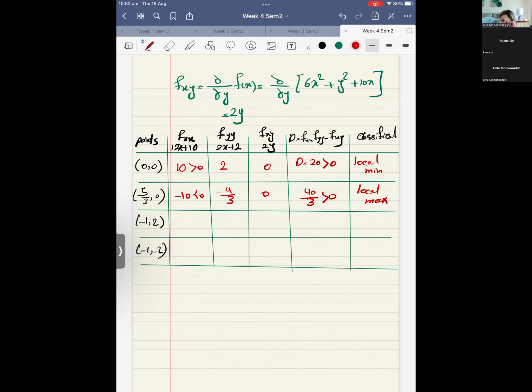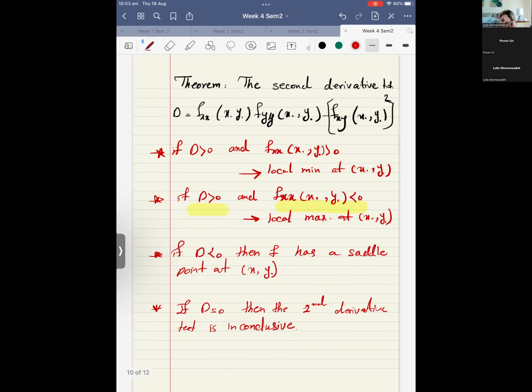Okay, now here is minus 2, minus 2, 4, and D is minus 12, less than 0. When D is less than 0, it would be a saddle point.